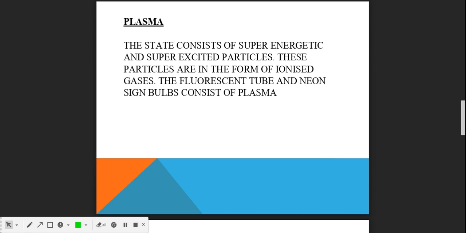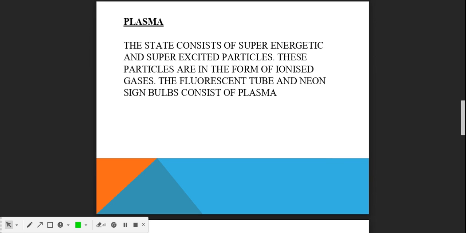You might have heard of plasma in space, or you might have heard of plasma somewhere else also. Just try to remember. Have you heard of plasma TVs? Yes, yes. So plasma TVs are also based on the same concept. So what is this concept? What is plasma basically? The state consists of super energetic and super excited particles.